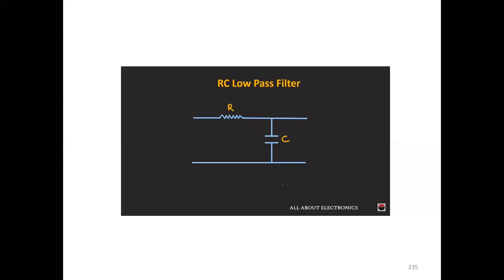The clamper is used for increasing the DC level of the signal. Next are the filters: high pass filter, low pass filter, band pass filter, and band reject filter. Since we use an operational amplifier, they are called active filters. This is unit 2.